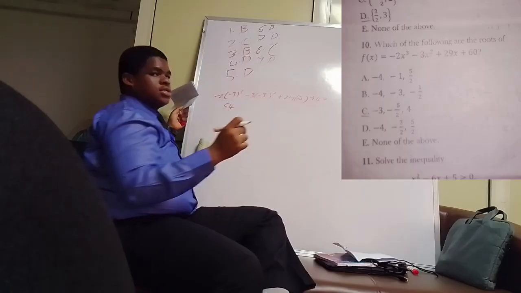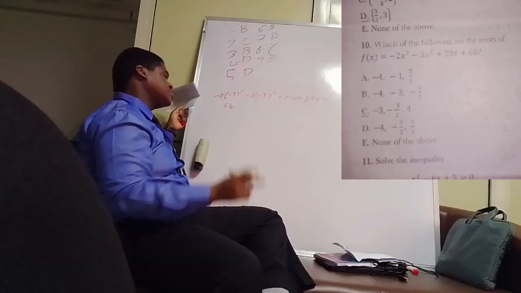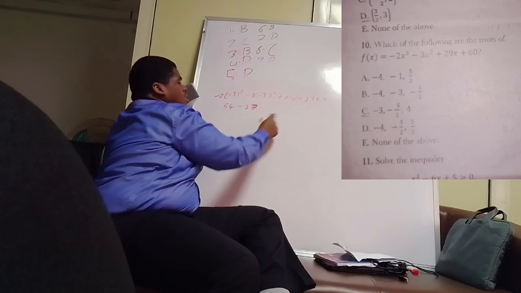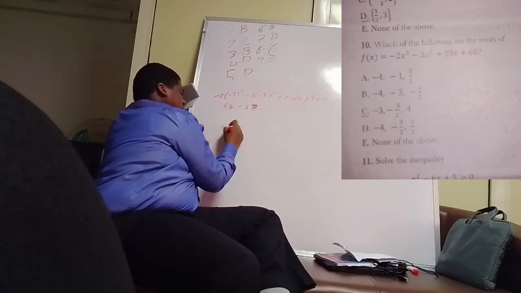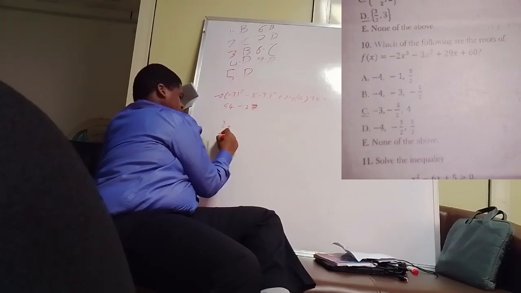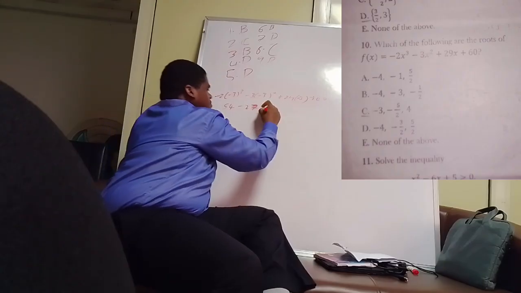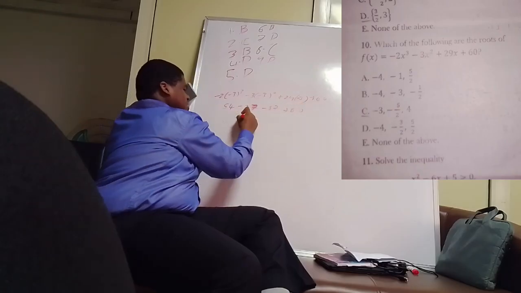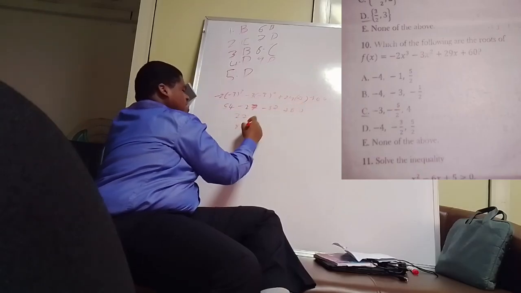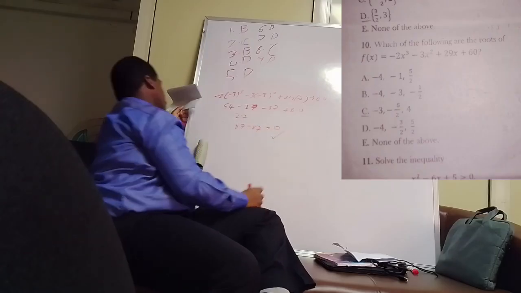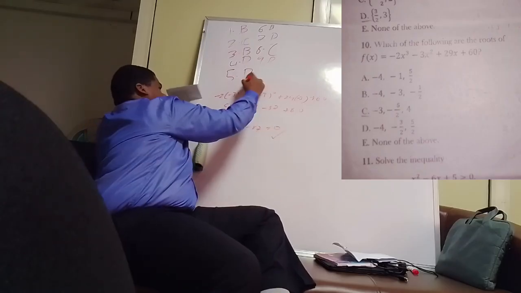Minus 3 squared is 9. 9 times minus 3 is minus 27. 29 times minus 3 is minus 87. 54 minus 27 is 27, plus 60 is 87. 87 minus 87 is equal to 0. So this checks out that minus 3 is a root of this.